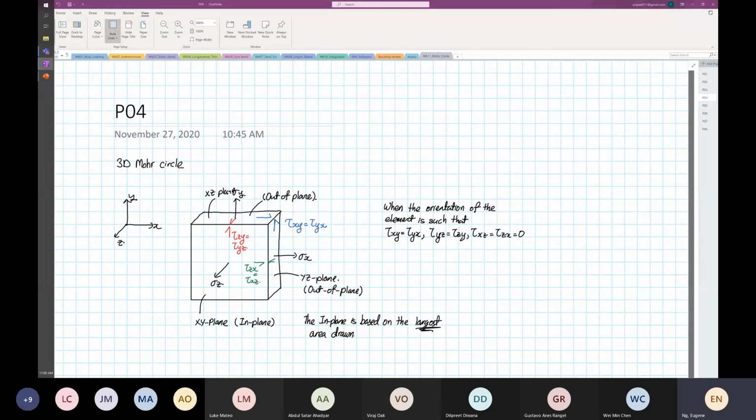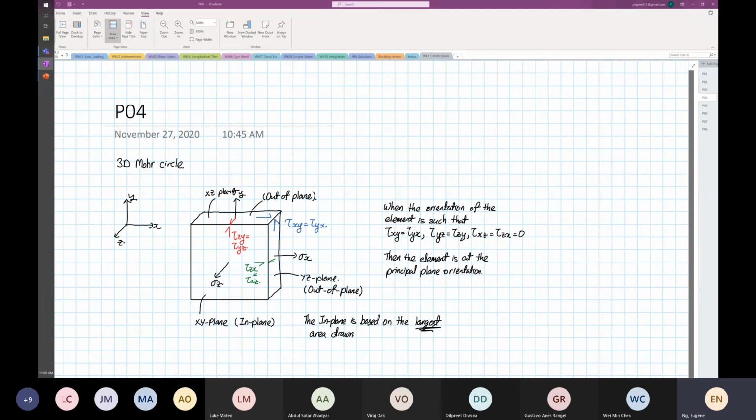When everything is equal to 0, then the element is at the principal plane orientation. So there are 3 conditions that we are going to look at.